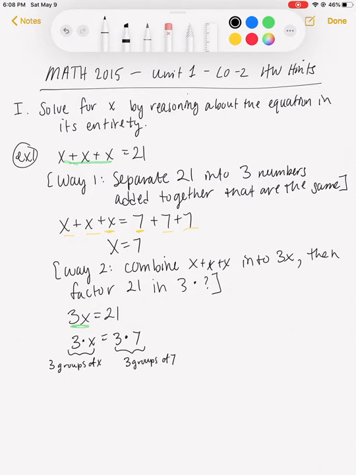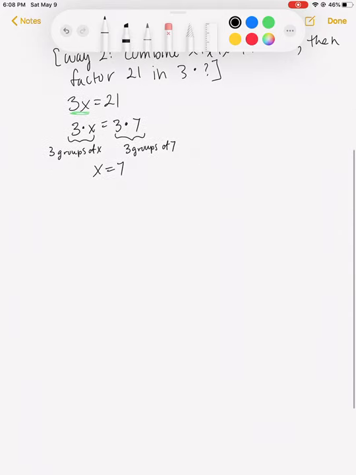Okay, so if I want to know what x is, what number that is, then if I have 3 groups of that number and 3 groups of 7, we can deduce that x is going to be equal to 7. So that was my first example.